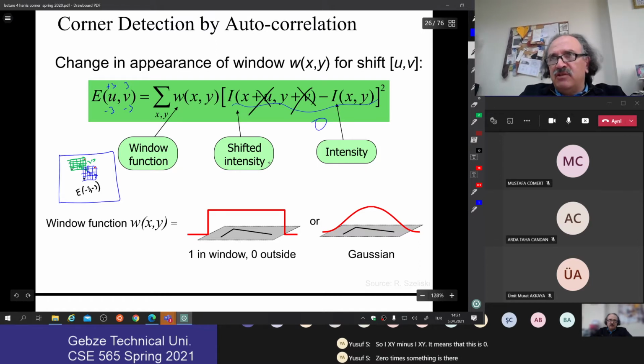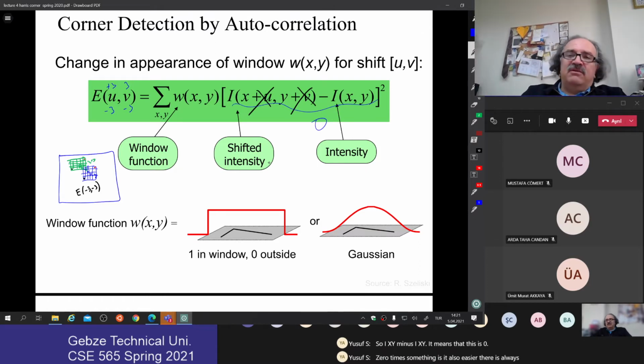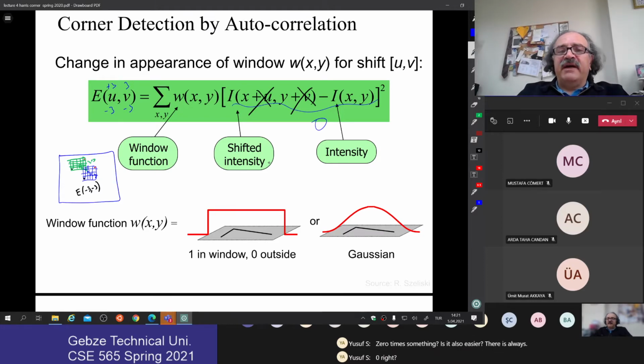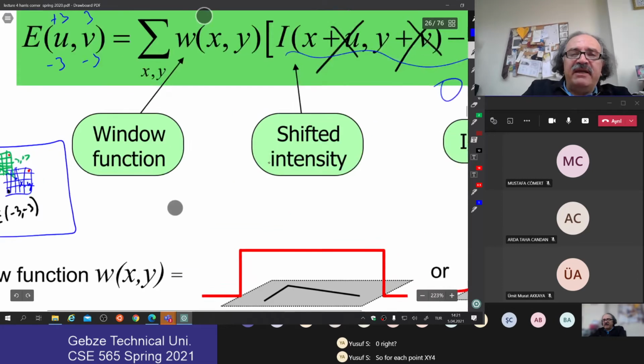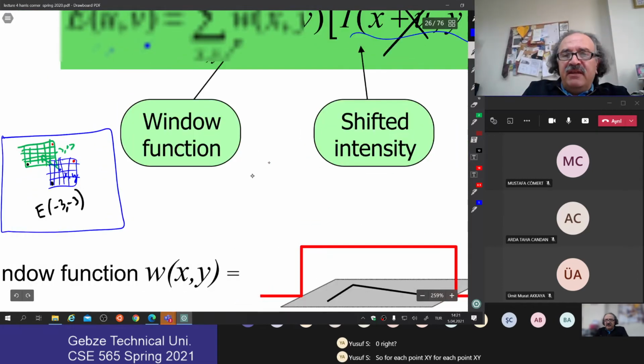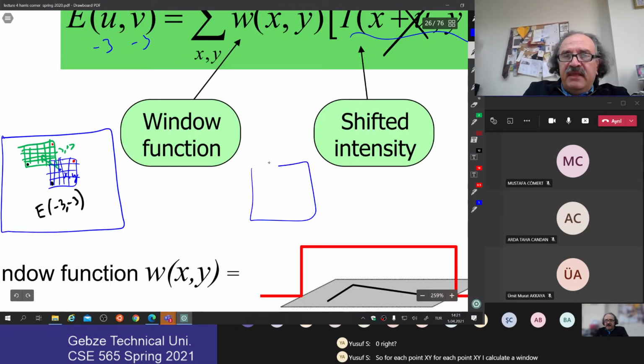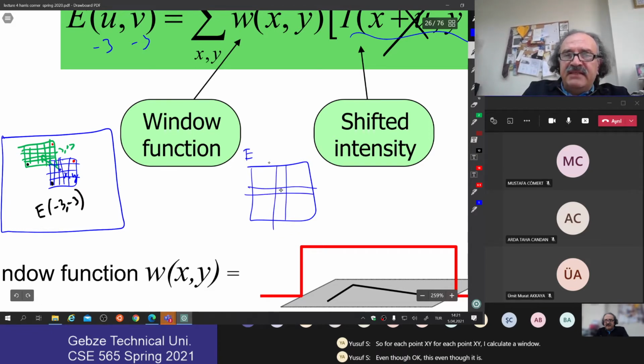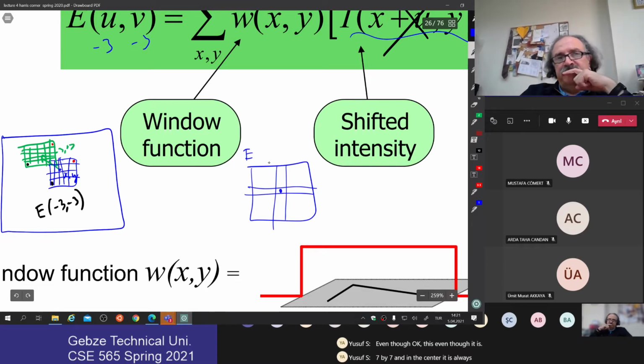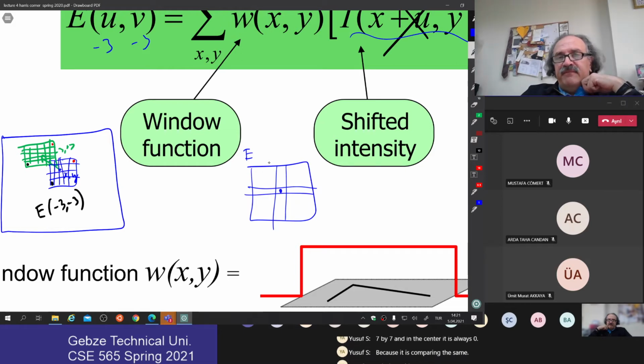So E00 is always 0, right? So for each point xy, I calculate an E window. Okay, this E window is 7 by 7, and in the center it is always 0, because it is comparing the same window with itself. Okay.